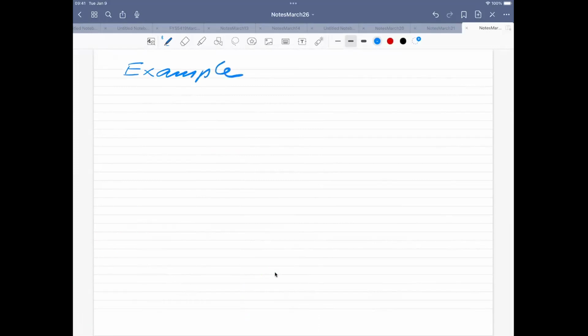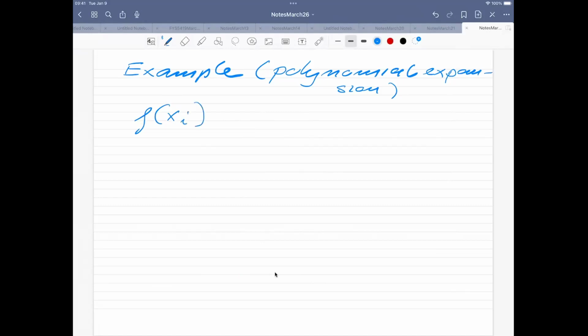If you now think of something slightly different, so this is a small digression. If you think of a polynomial expansion, then we know that this f, a specific function at x_i, is normally approximated by a polynomial of degree n minus 1.